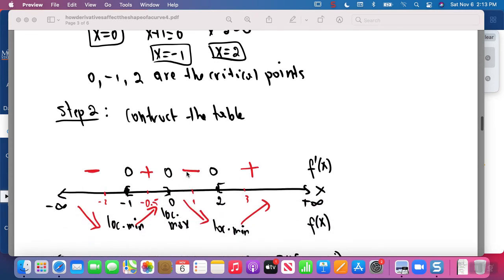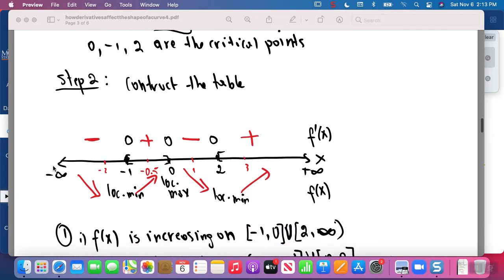So the f prime is negative here. That means in terms of the increase-decrease test, the function is decreasing on this interval. Last, you pick a 3 on the last interval. You get a positive first derivative, which means the function is increasing.